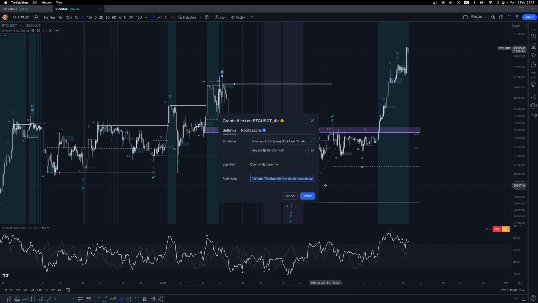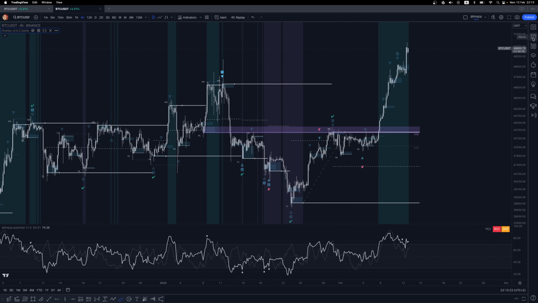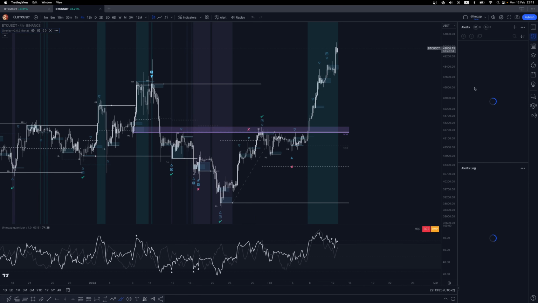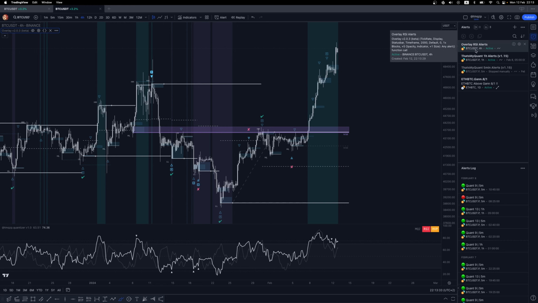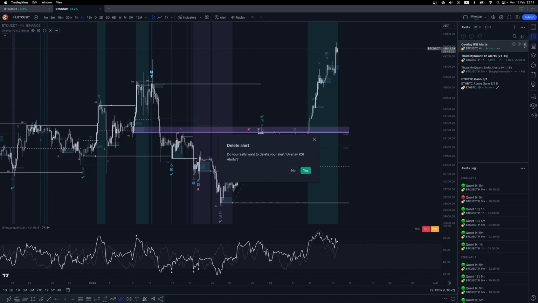And, you know, say overlay, RSI alerts or whatever you want to call it. Right? Boom, create. And then it's going to appear here in your list. Right, I'm testing some stuff here, but yeah, see, and then there it is, right? It says BTC on the 4 hour, and these are all the alerts that you have activated, right?